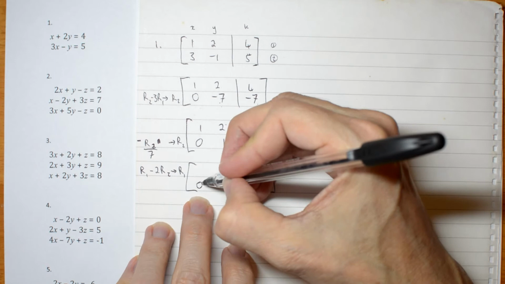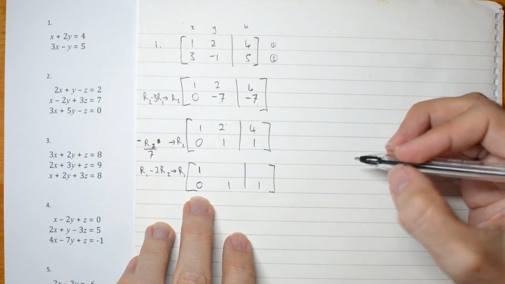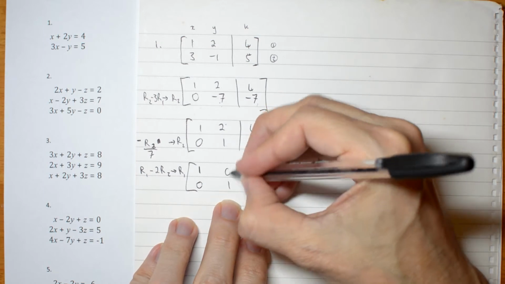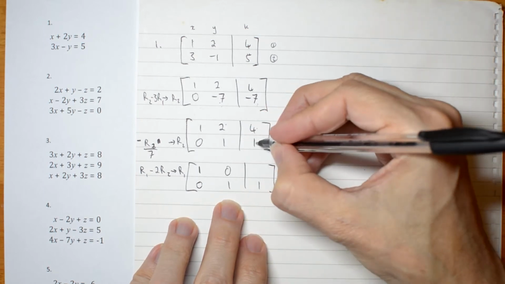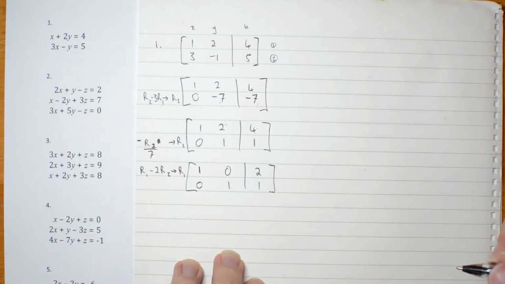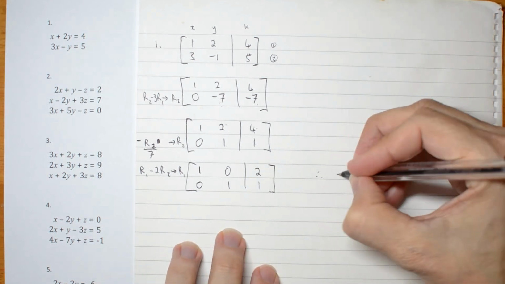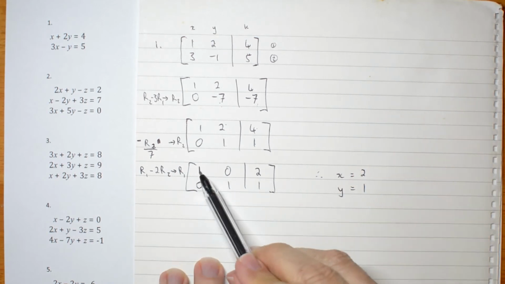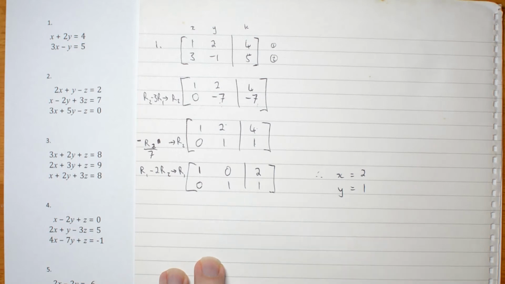So nothing happens here because there's 0 here. That's what makes that nice. Take away 2 lots of this. 2 minus 2 is 0. 4 minus 2 is 2. And I can straight away see, therefore, x equals 2 and y equals 1. One lot of x is 2 and one lot of y is 1.